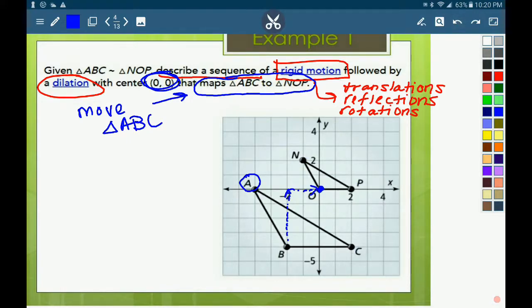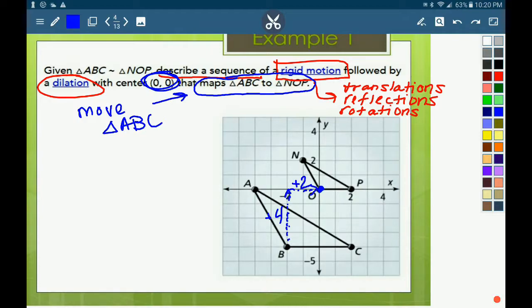Since it's already tilted the right way, it doesn't look like they're mirror images, and it doesn't look like it's been turned, all I need to do is translate B to sit on top of O. So I've got 1, 2, 3, 4 units up, that's a positive 4, and then we moved 2 units to the right, so that's a positive 2.